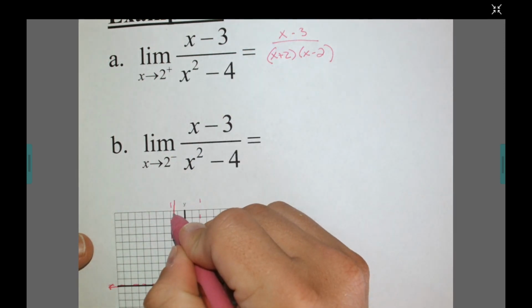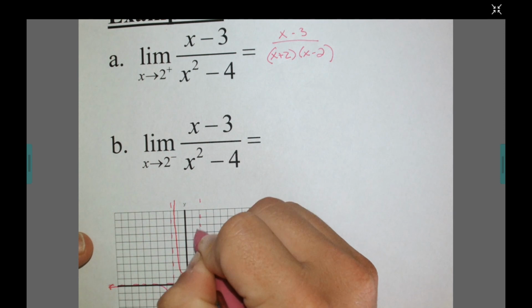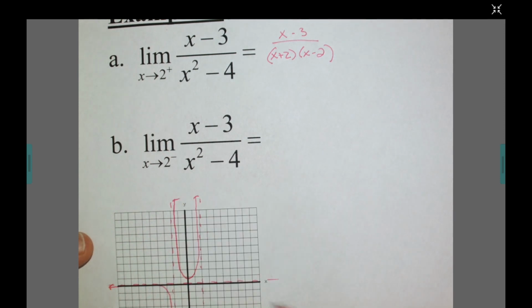So let's see if I can do that. Not bad. And then if you plug in a test point over here as well, you're going to have a branch over here. I messed that up, went over it, but you've got a branch down there.